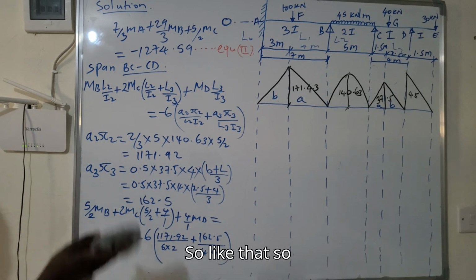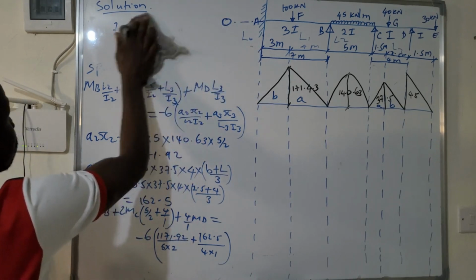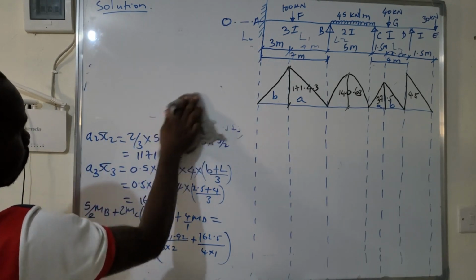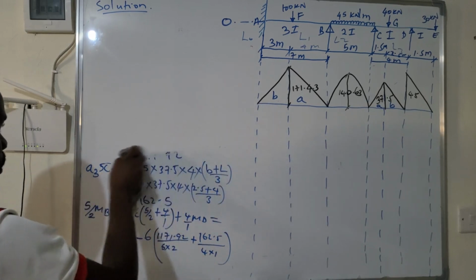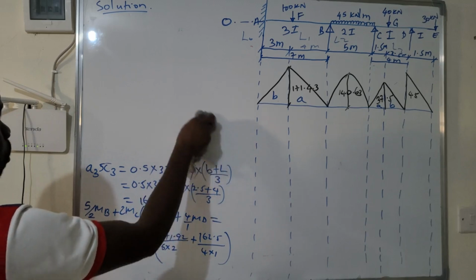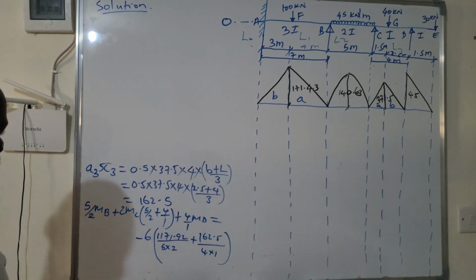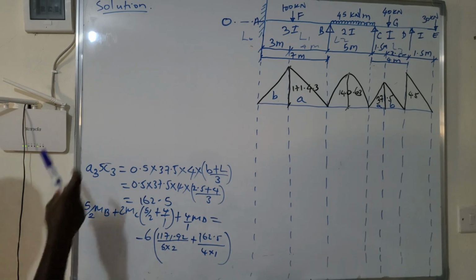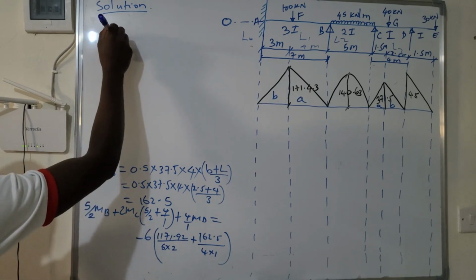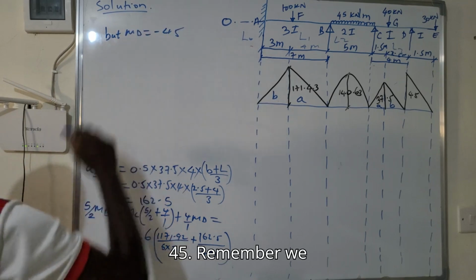So like that. But we know MB is equal to negative 45.